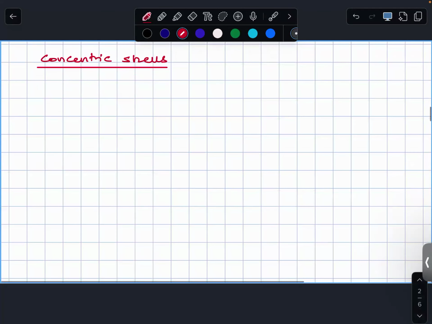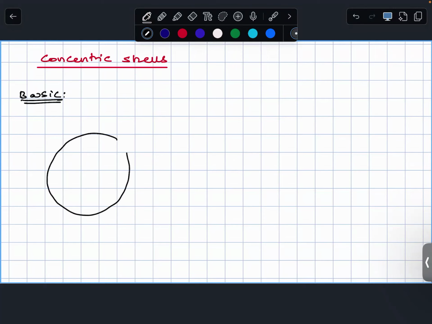Please try to understand basics. See, if we have a shell like this and you have given a charge, the charge distribution happens uniformly.